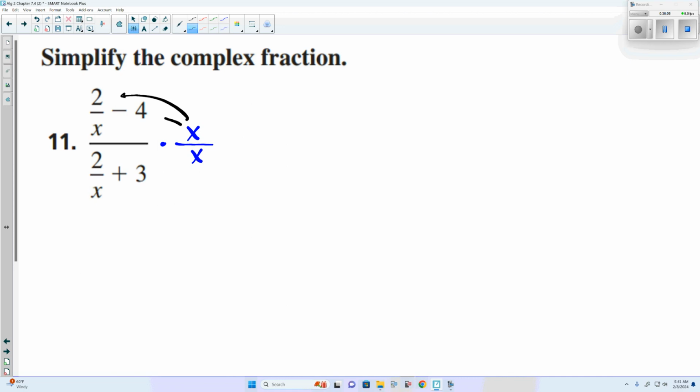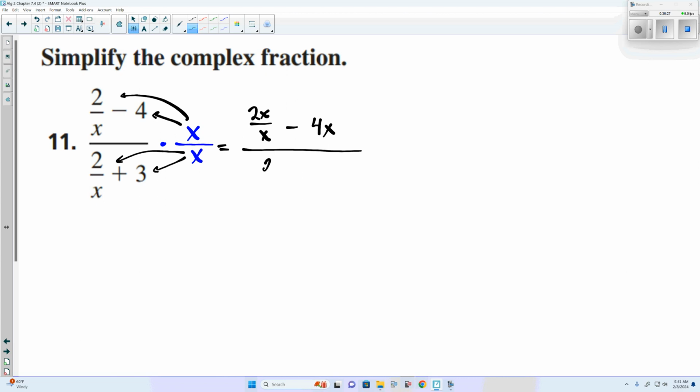And we're going to do our same step. We're going to multiply both of our terms. Now the first one, our 2 over x, when we multiply by x, would be 2x over x minus 4x. We multiply the 4 with x. We do the same thing with the denominator.